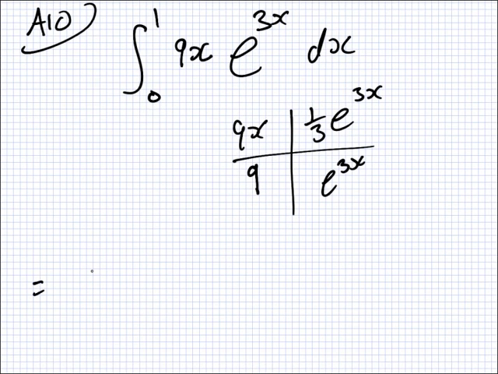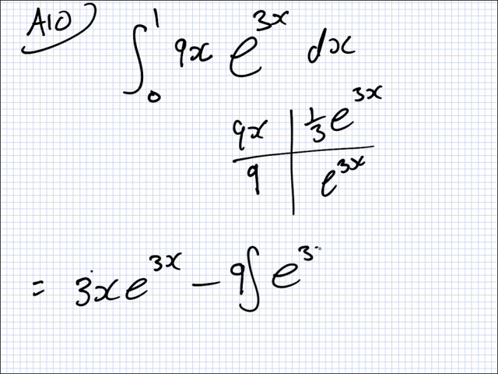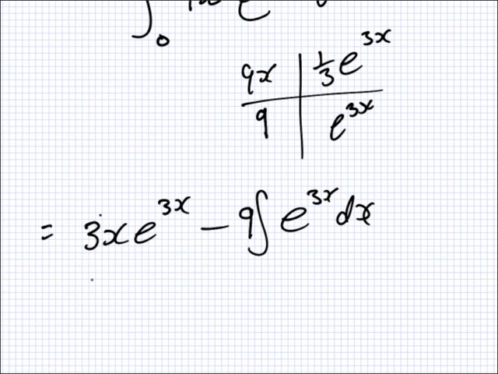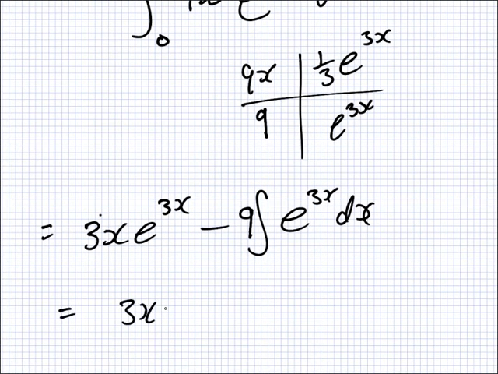Equals 9x. 9x by 1/3 e, so that would in total be 3x e^3x minus integrate f derivative, which is 9 e^3x dx, like that. So that's equal to 3x e^3x. I lost my third here, didn't I? There's a third there. So that makes 3 again, isn't it? Yeah.